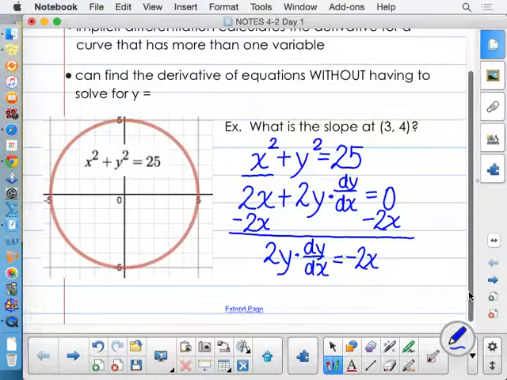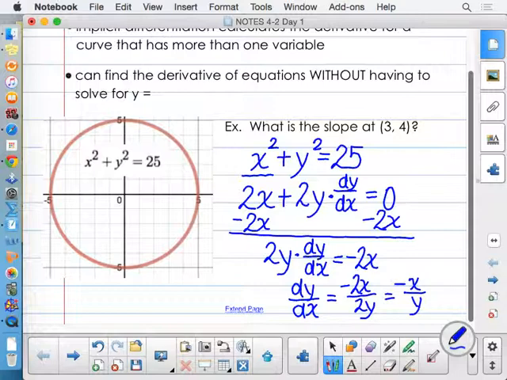Algebraically now, I'm going to divide both sides by 2y in order to get my derivative of y in terms of x alone. And it simplifies when I divide the 2's: the derivative will be the opposite of the x value over the opposite of the y value.